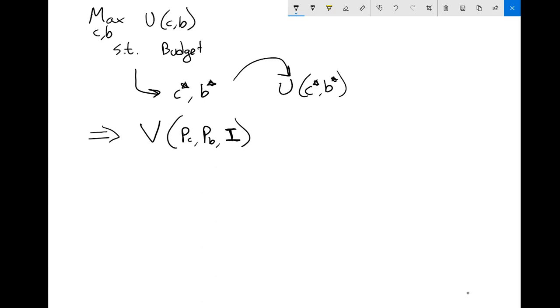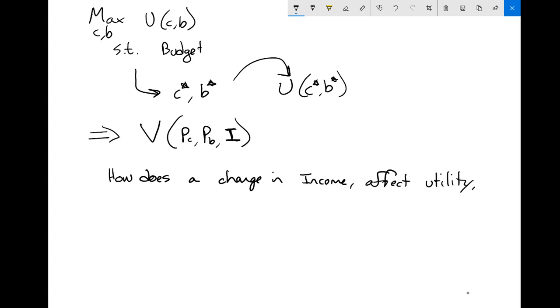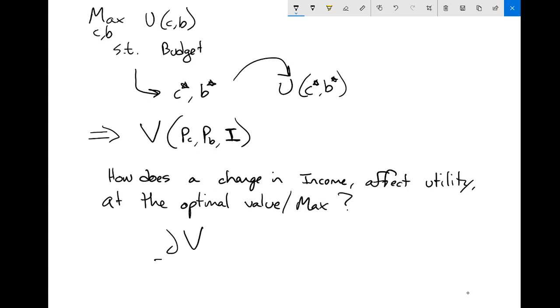So then I might want to know, let's say, how does a change in income affect utility at the optimal value, or at the max? Well, then I would want to know, what is the derivative of the value function with respect to income?